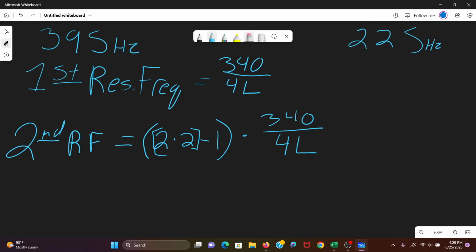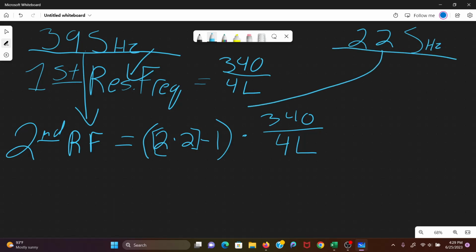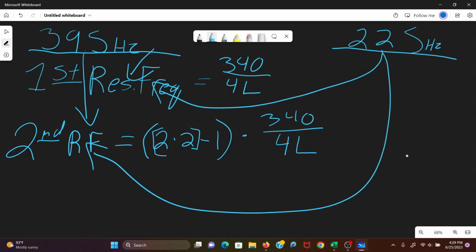No, the question is telling you that 395 hertz is the first resonant frequency, and it is the second resonant frequency. For the other half of the class, it's telling you 225 is the first resonant frequency, and it is the second resonant frequency. So what do we do?